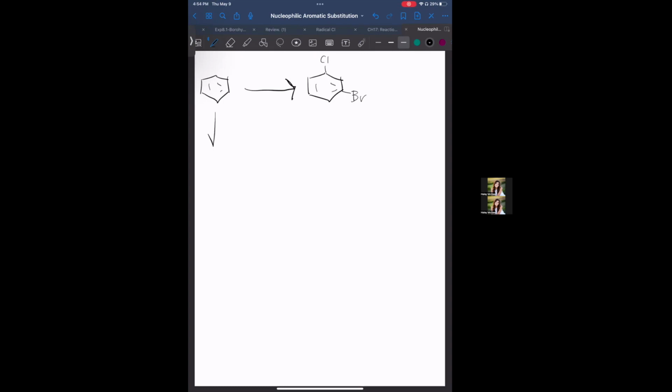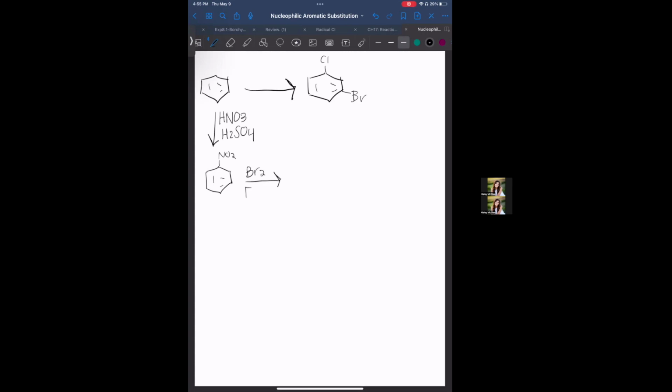So we would start by adding a meta director, which would be our NO2. So we can add HNO3, H2SO4, and that'll give us our NO2 right here. And since this NO2 is a meta director, let's go ahead and add our bromine.